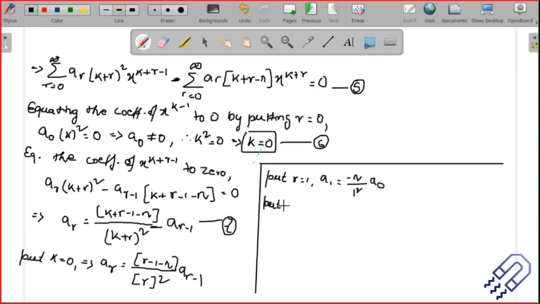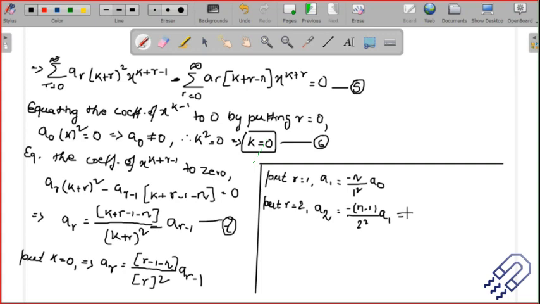Then we can actually find out r is equal to 2, so this would be a2, and this would be minus, r is 2, so 2 minus 1 is 1. 1 minus n, so if I take the minus sign outside, I can write it down as n minus 1 divided by, at the bottom it would be 2 square, and then a1, because 2 minus 1.